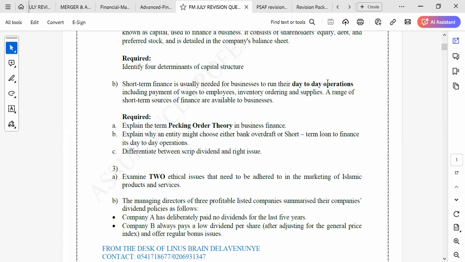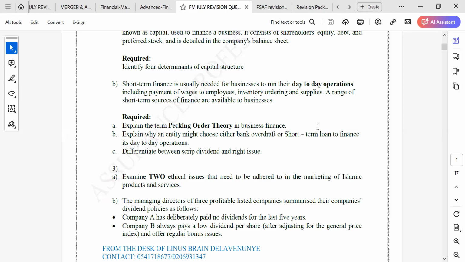Then the right issue is the right given to shareholders to subscribe to newly issued shares in proportion to their current shareholdings, at a lower price. Yes, at a lower price. All right, Senior, thank you.